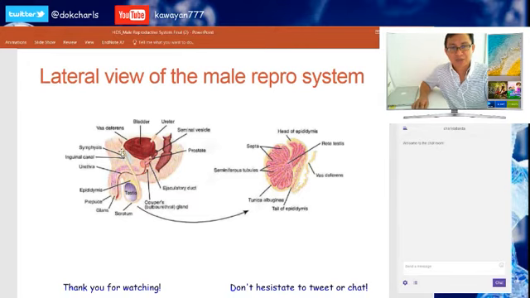Then you have your vas deferens here going to your testis, your symphysis pubis. Of course, you have your inguinal canal, you have your urethra, your epididymis, your prepuce, and your glans. And of course, your scrotal structure is here. You have your small Cowper's gland, and you have your ejaculatory duct.